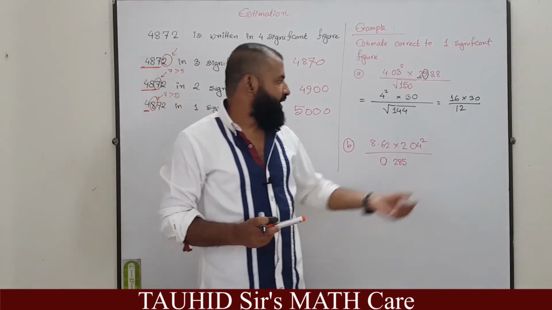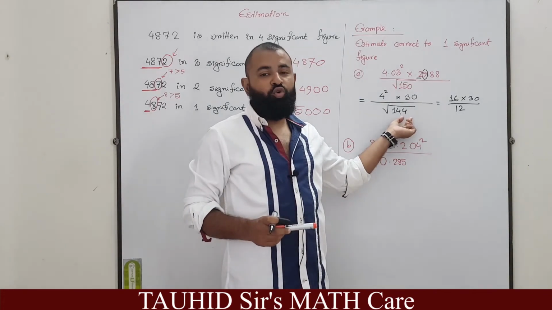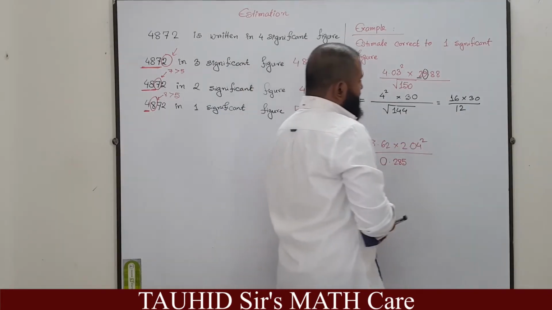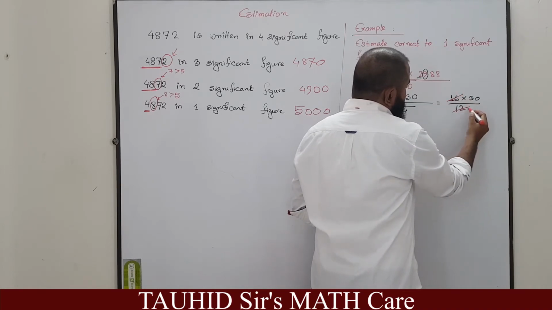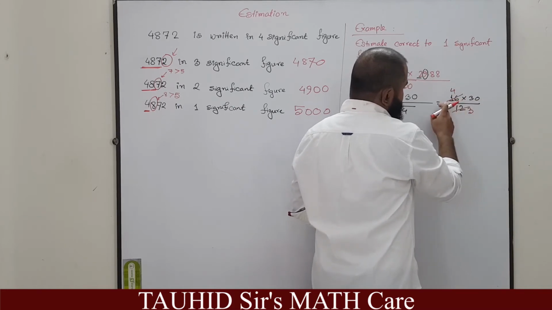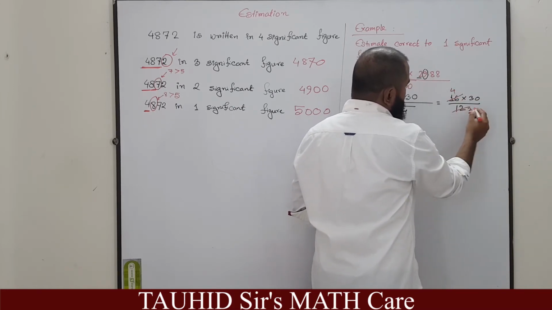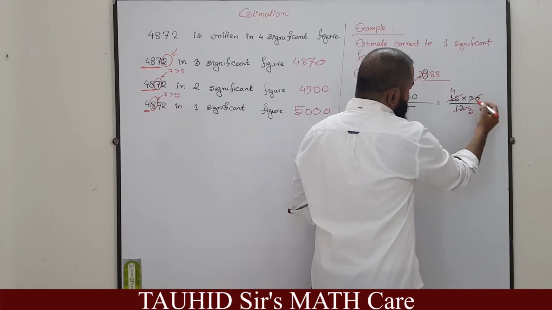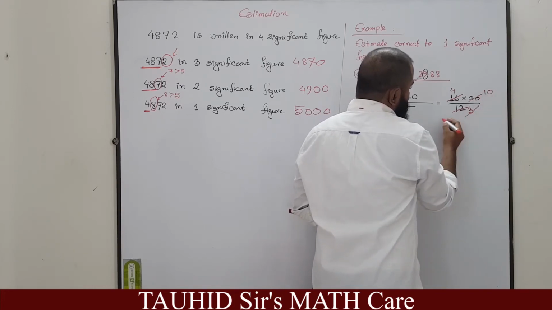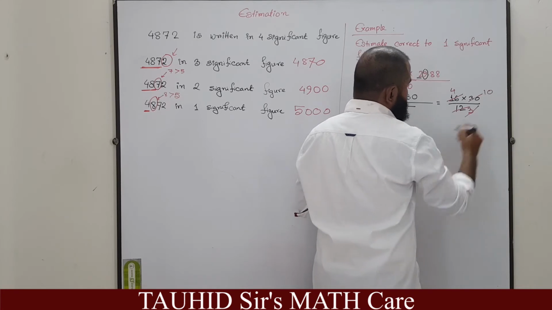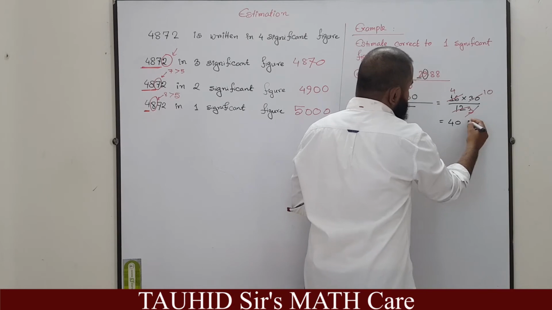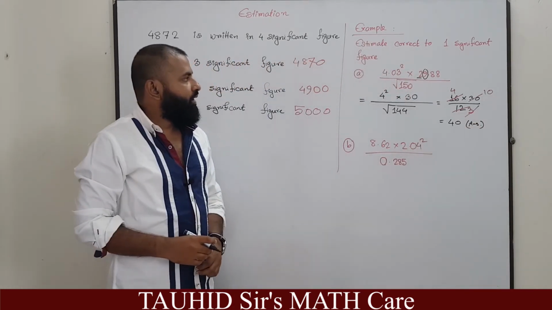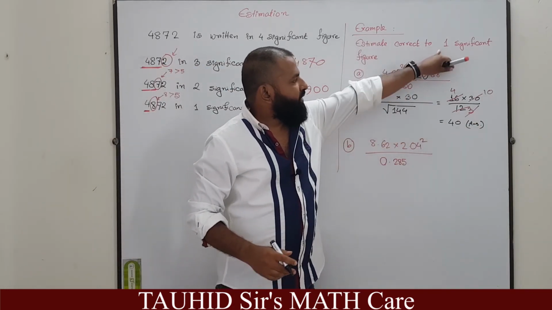So you must know that 12 squared equals 144 and the square root of 144 is 12. We can divide them. 12 and 16 can both be divided by 4. If we divide 12 by 4 we get 3, and if we divide 16 by 4 we get 4. If we divide 30 by 3 we get 10. So finally the answer is 4 times 10, that means 40. This is our answer, and we got it in one significant figure.